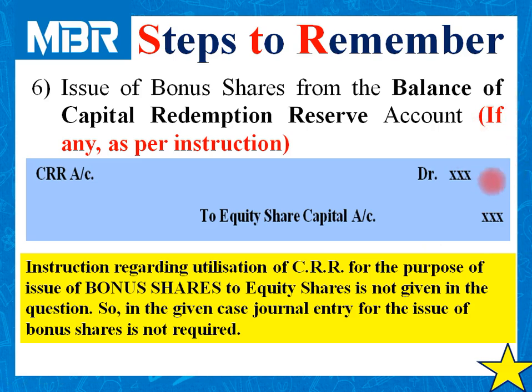In brackets, it is clearly mentioned, if any, as per instruction. It means whether we need to issue bonus to our equity shareholders or not, that we cannot judge on our own. We need to follow the instruction given in the question.